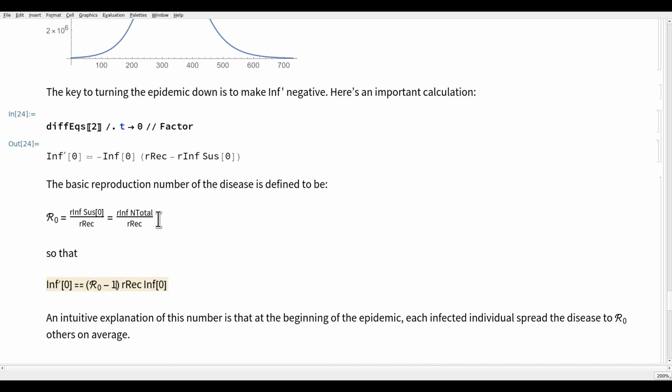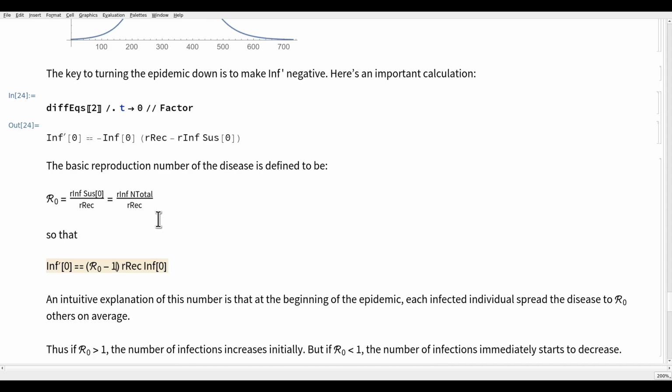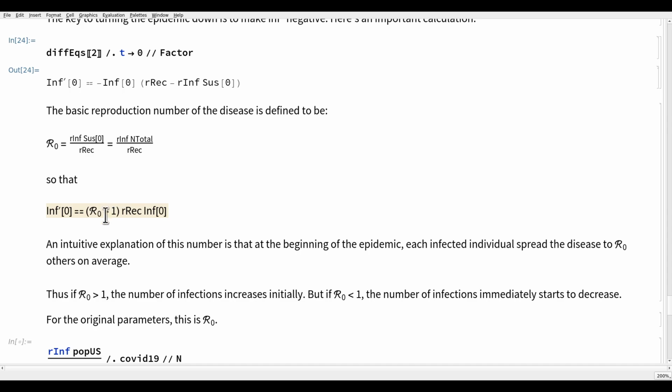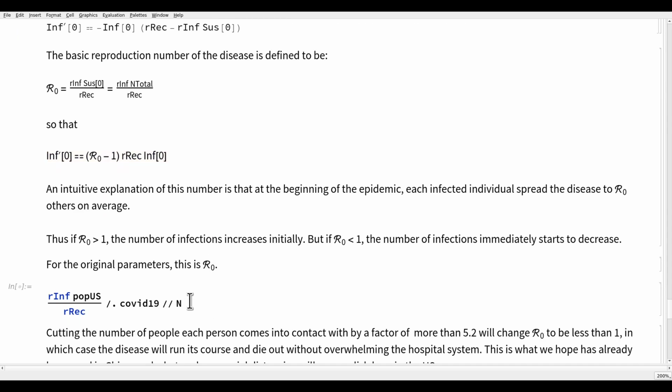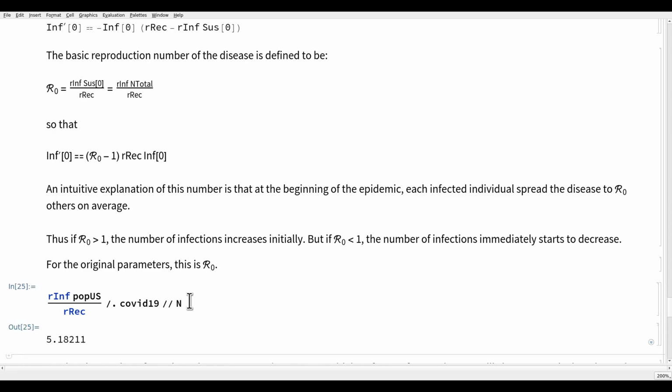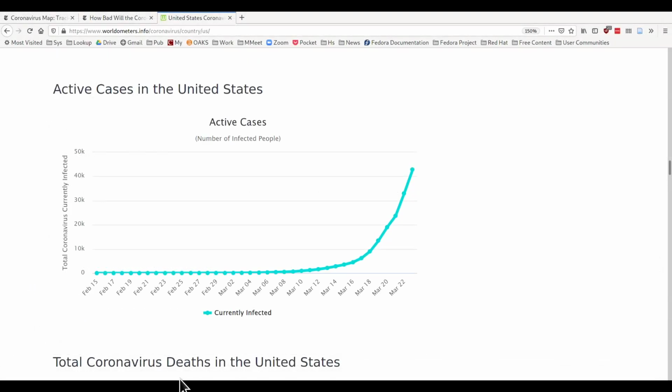So in the previous bunch of calculations, I had estimated rInf and rRec. Here is what happens if you calculate r0. You get 5.18. Let me go back to the New York Times diagram.